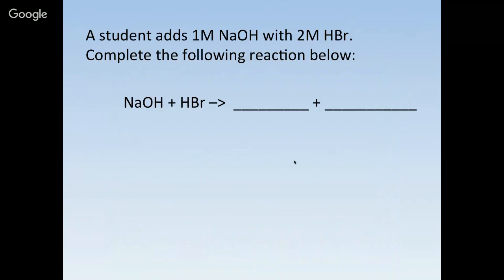Okay, let's ponder this one for a minute. It says a student adds 1 molar NaOH with 2 molar HBr. Complete the following reaction. Very common part 2 question.